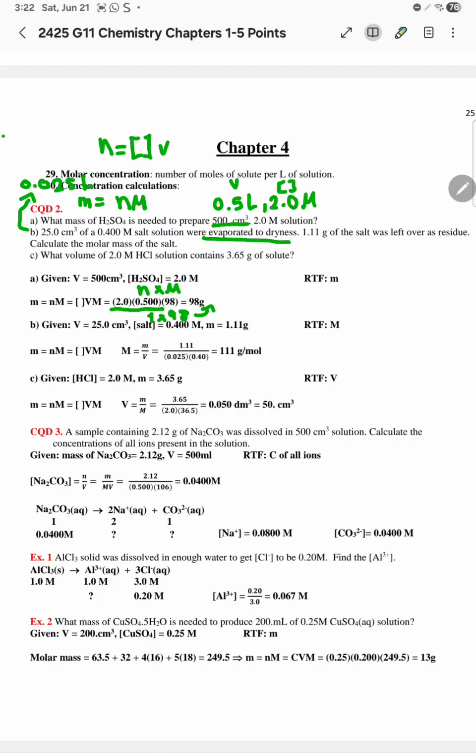So, what did they give us in the question? We need to find out what we were given. So we were given a volume of 250 and a concentration of 0.4 and a mass of 1.11.